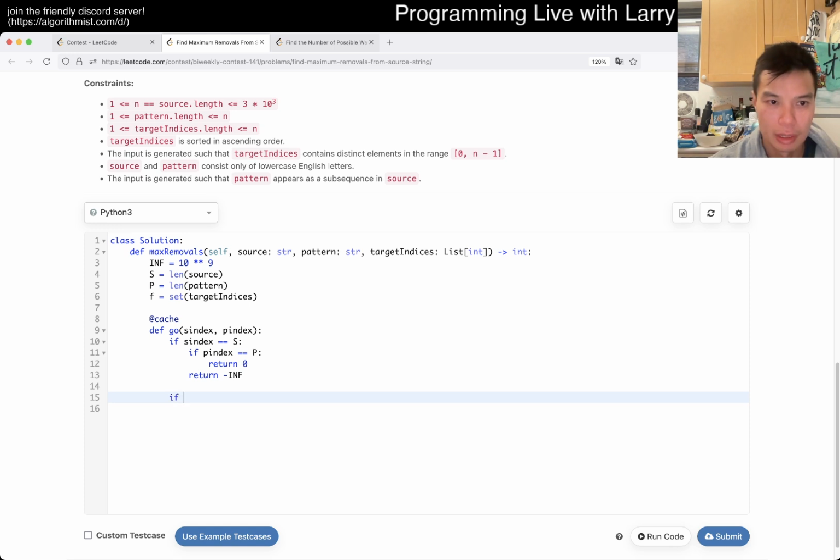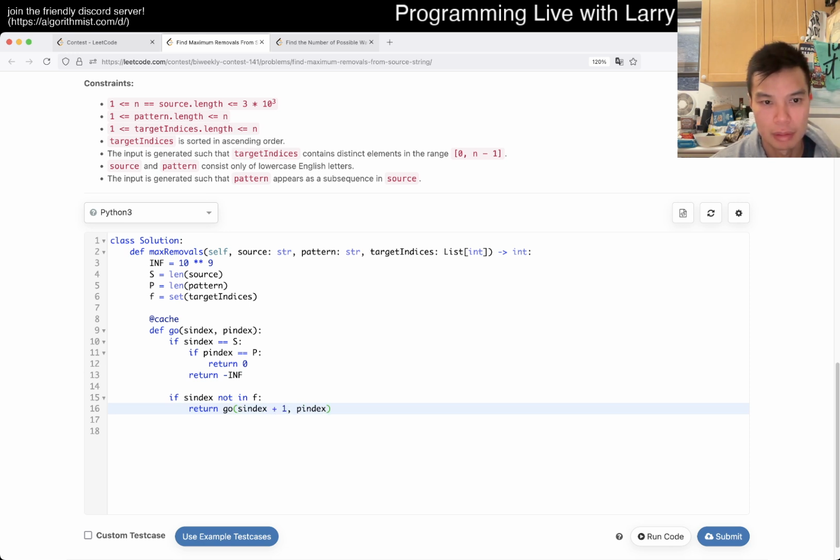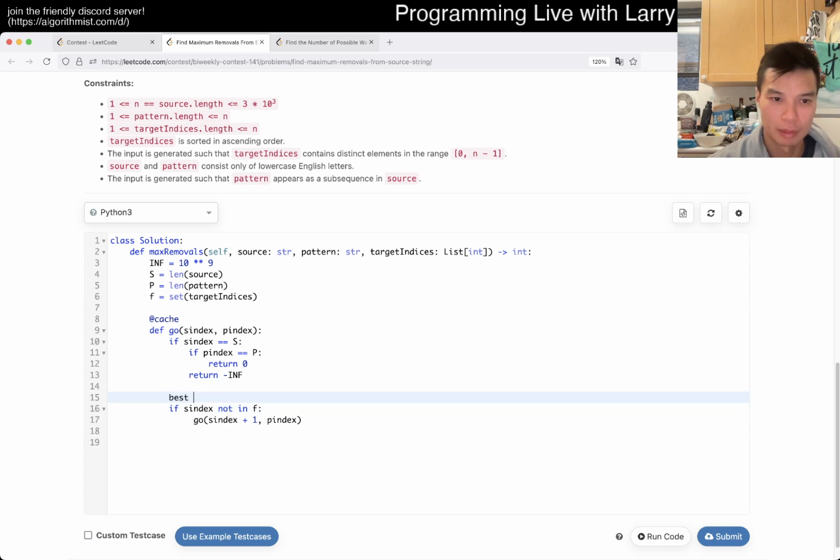Okay, so if S index is in F, then, if this is not in F, then we can just return go S index plus 1, P index, maybe? Well, you have to decide if you want to match it with the pattern, so that's the thing, right? Okay, fine.